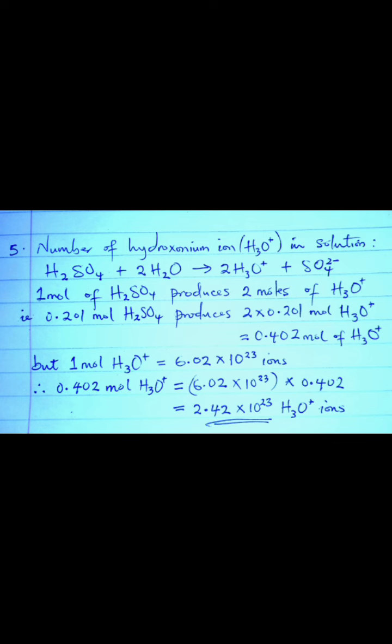Okay, so we have calculated the number of hydronium ions that could be present in the solution, 2.42 times 10 raised to power 23. So you see, the calculations are as straightforward as possible. We just need to understand the principle involved, the correct equation or formula, and the methodology.